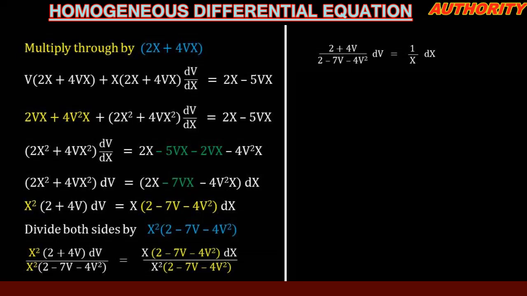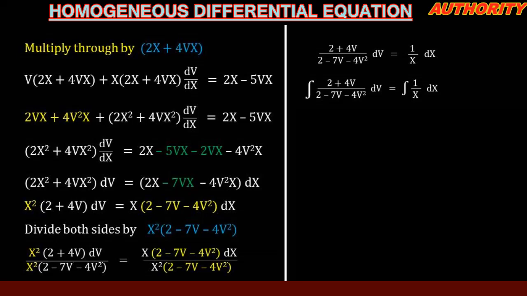In this place now, we integrate both sides. That means we're going to have the integral of 2 plus 4v all over 2 minus 7v minus 4v squared dv equal to the integral of 1 all over x dx.